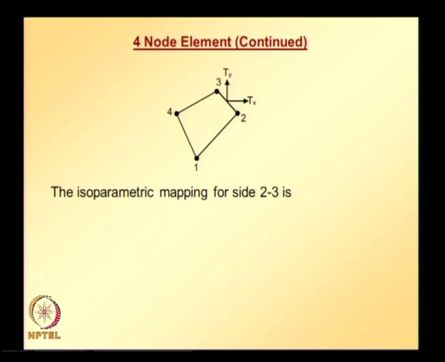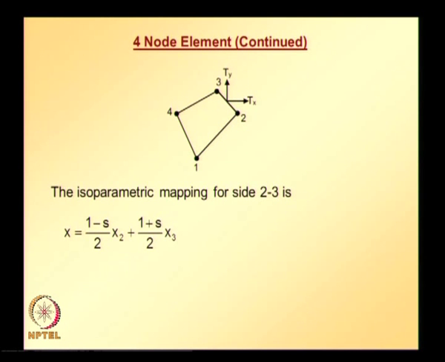To proceed further, we need to write the isoparametric mapping for side 2, 3. The only non-zero shape functions are those corresponding to nodes 2 and 3, other shape functions are going to be 0, and the shape functions of nodes 2 and 3 for side 2, 3 can easily be obtained using the Lagrange interpolation formula.